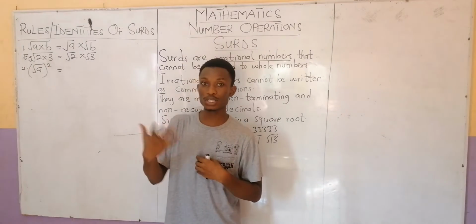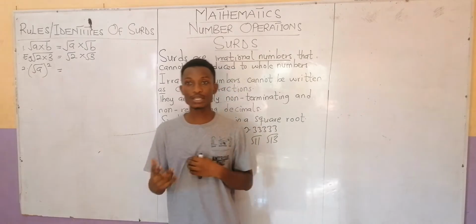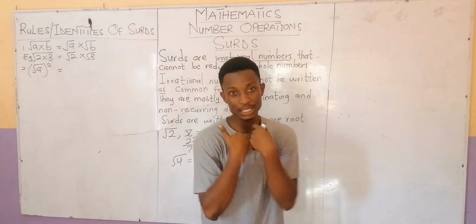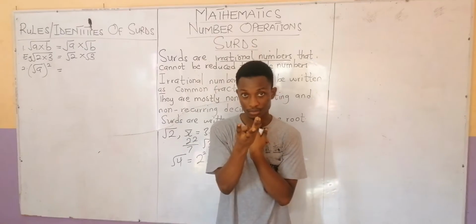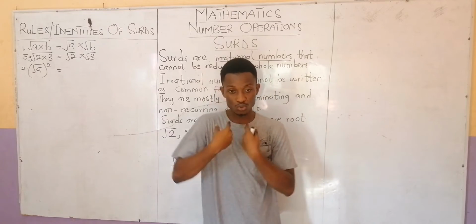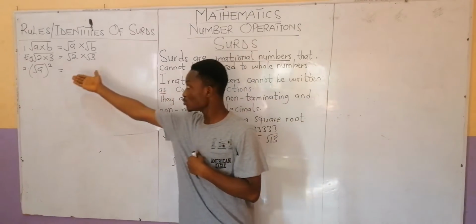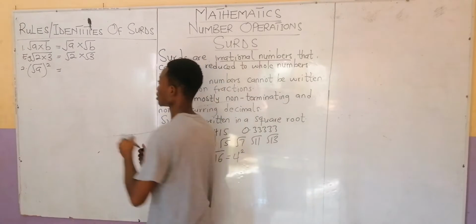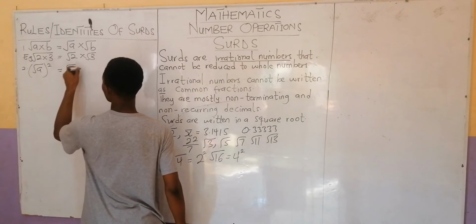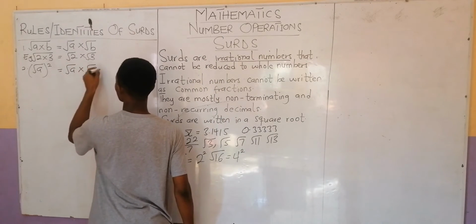If I say 4 is a perfect square, I mean there's a number that multiplies its own self to give me 4. And that number is 2. 2 times itself will give me 4. So here it means root A is multiplying itself twice. So I have root A times root A.